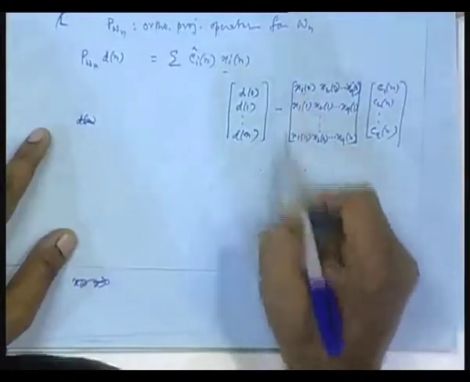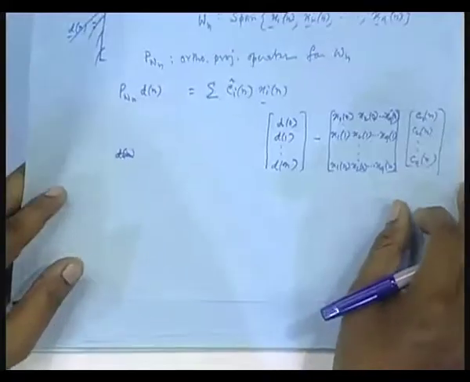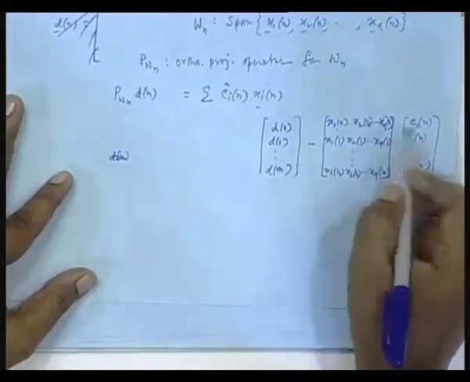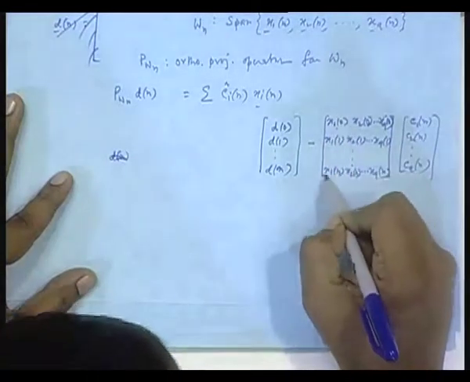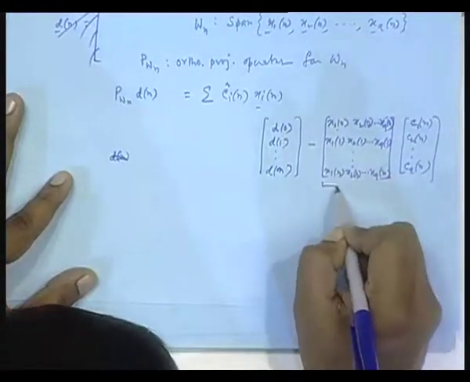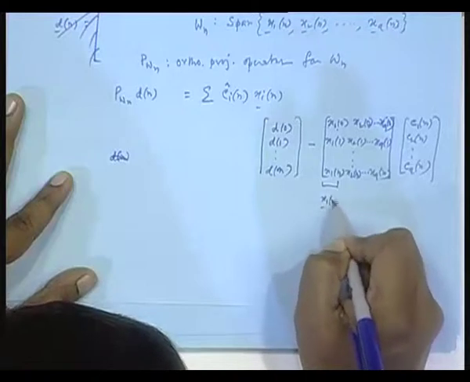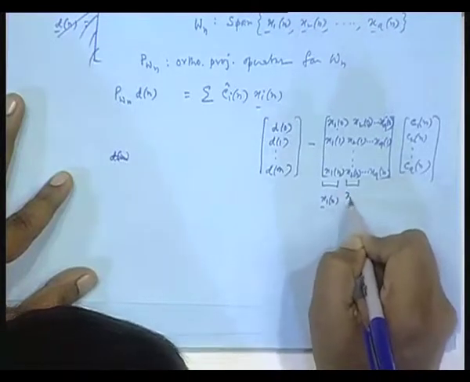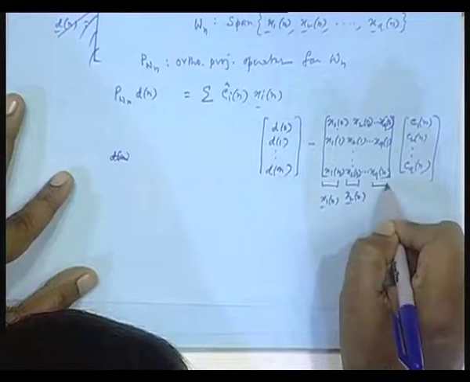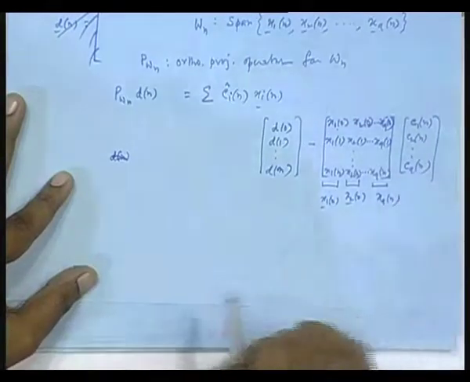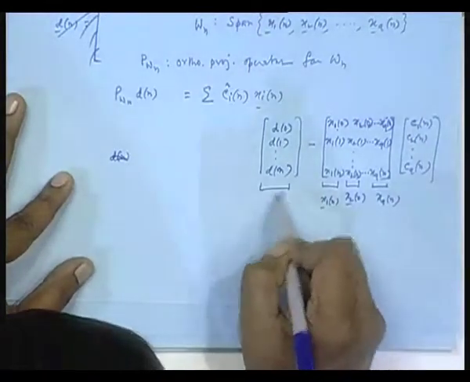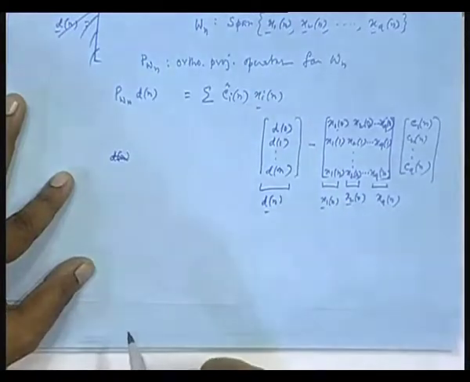And what is this quantity? I told you how to carry out matrix vector multiplication. C1n times this column is the x1 vector n, this column is the x2 vector, this column is xq n, and this column is dn.